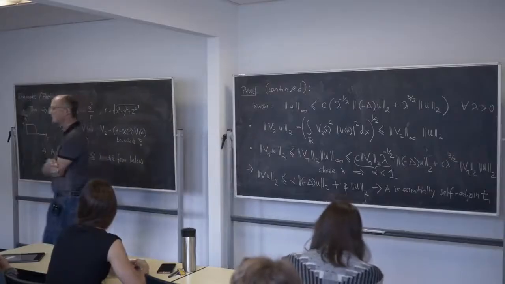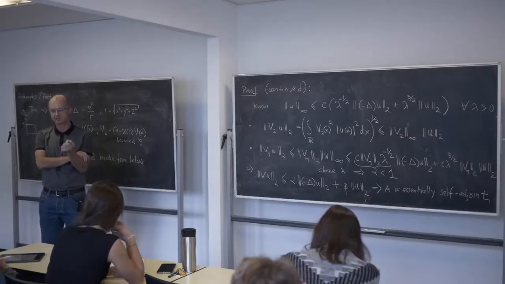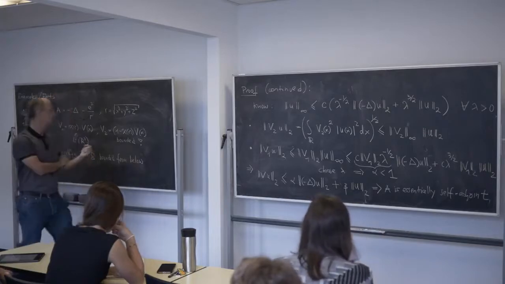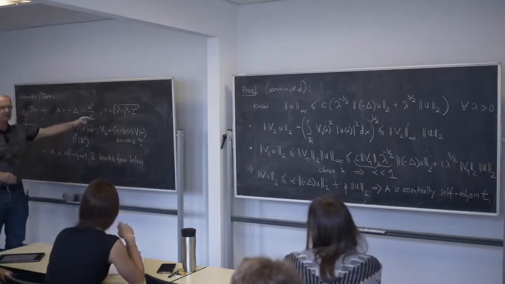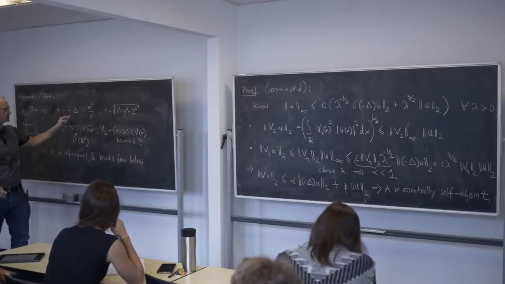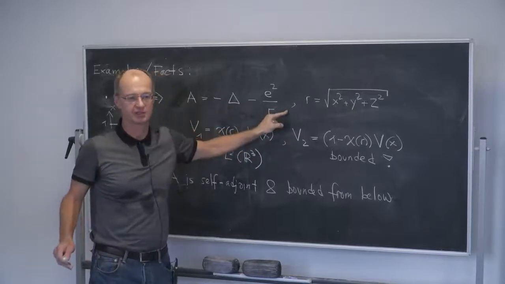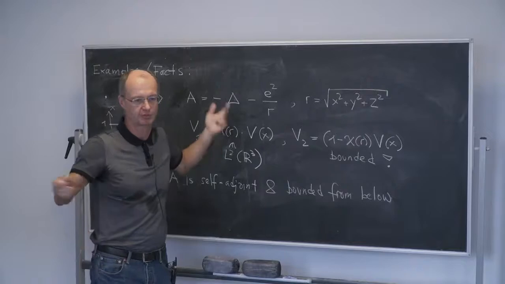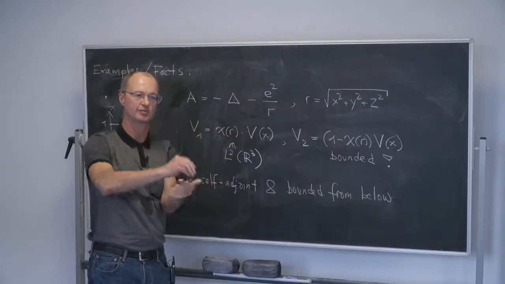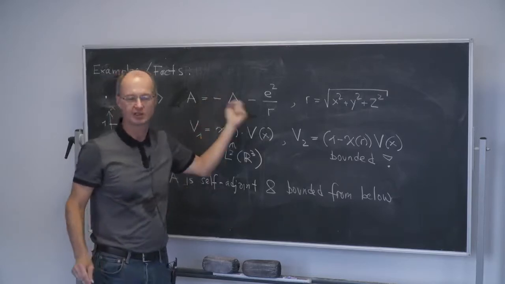So the other way to see it, remember, if you have a Hilbert basis of eigenvectors and we know eigenvalues, right? Then for this thing we can explicitly solve for a Hilbert basis of eigenvectors and eigenvalues, and this already implies that it's self-adjoint on some appropriate domain and bounded from below. We just check that those eigenvalues are bounded from below. So that would be an alternative way to do it.